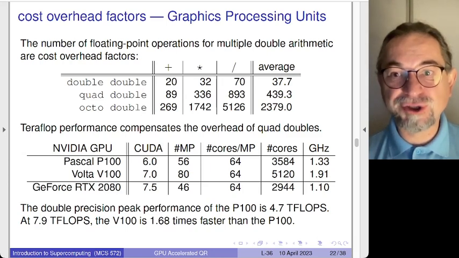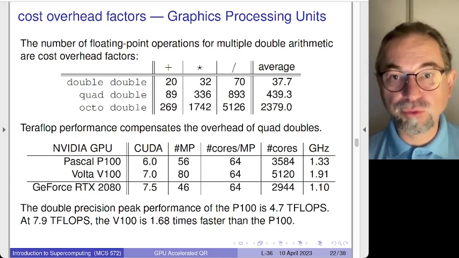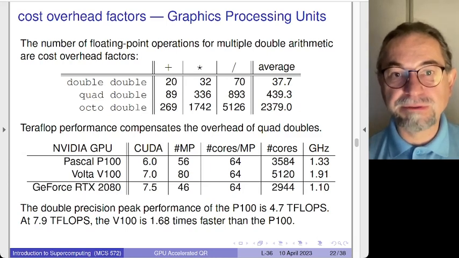For a multiplication, you need 32 64-bit floating point operations, and division is 70. So the average is 37 if you assume an equal likelihood of the operations.